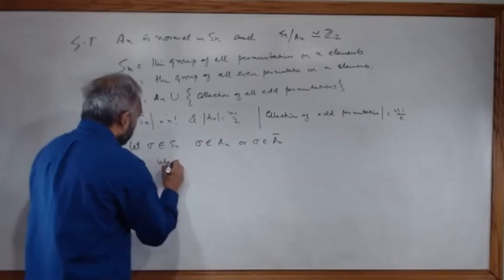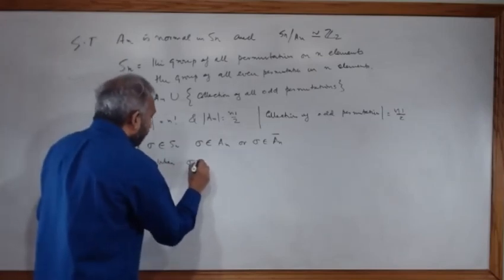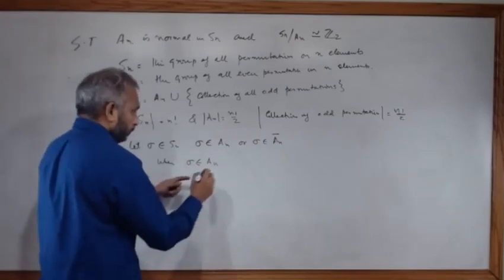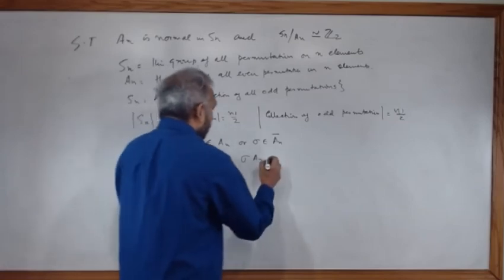So when sigma belongs to An, then sigma An is equal to An.